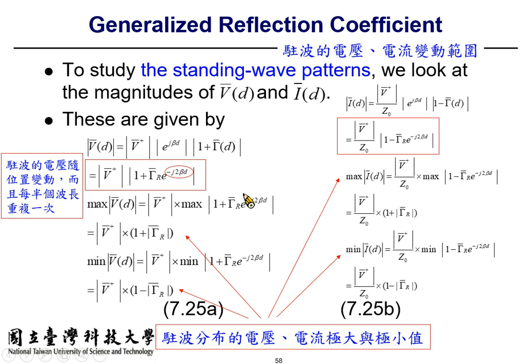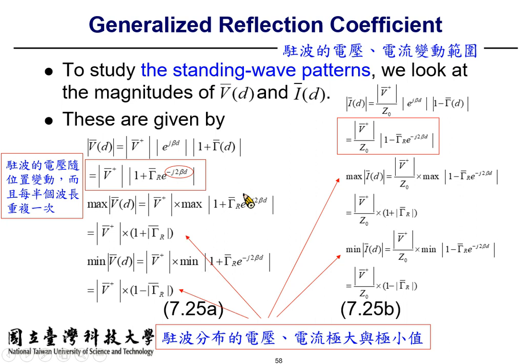So when voltage reaches maximum, which means the 1 plus gamma R, well, the gamma R itself is a real number. So when voltage reaches maximum, the current will reach its minimum. And the voltage and current will differ by 180 degrees. Total voltage, the phase between total voltage and total current.